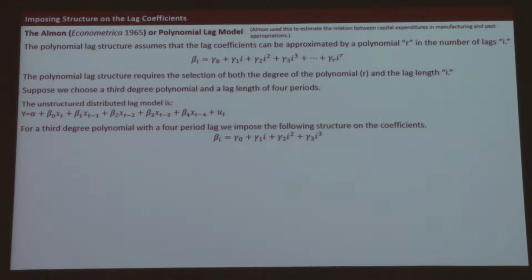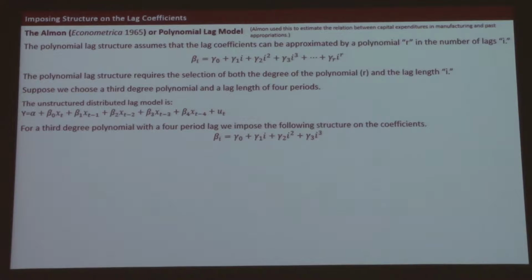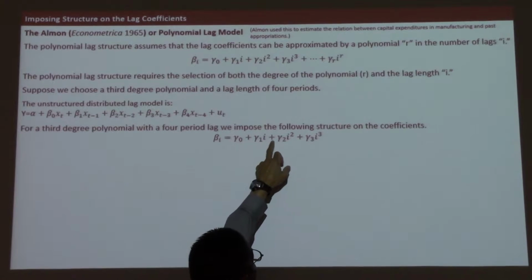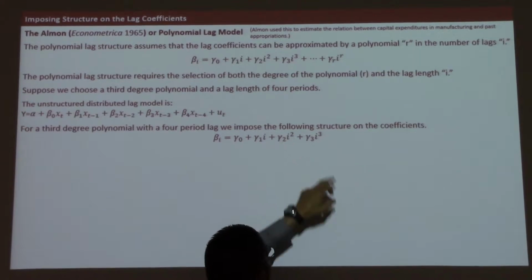Again, I is the number of lags, R is the order of the polynomial. Remember, we're assuming a third-degree polynomial. So hence we've got I to the 1, I to the 2, I to the 3.